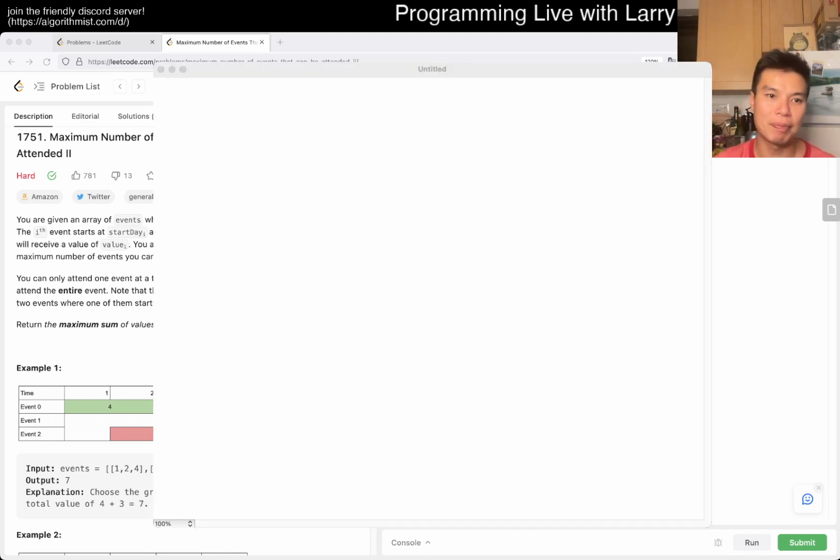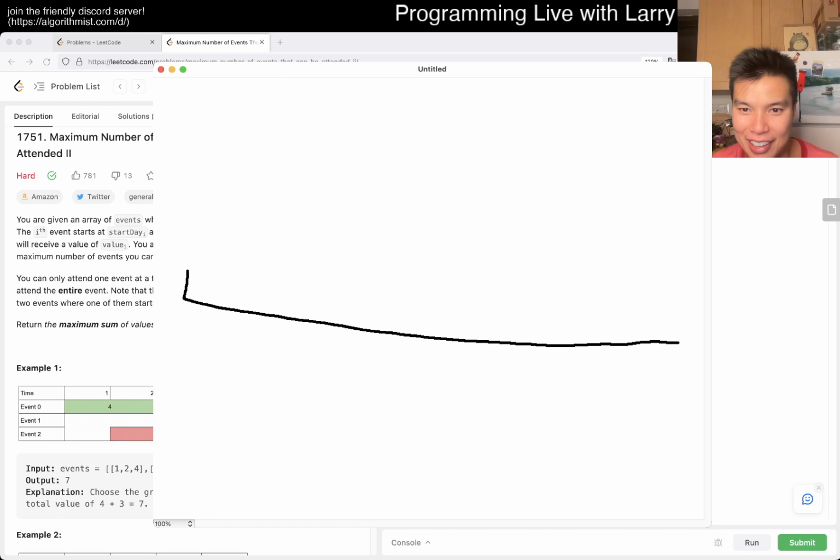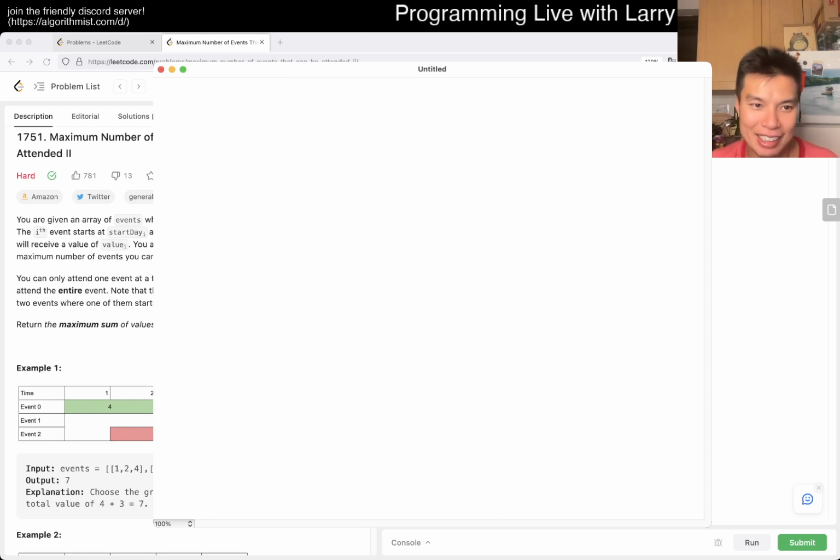All right, so basically the idea is that, visually, you look at a number line or a timeline, I guess, right?